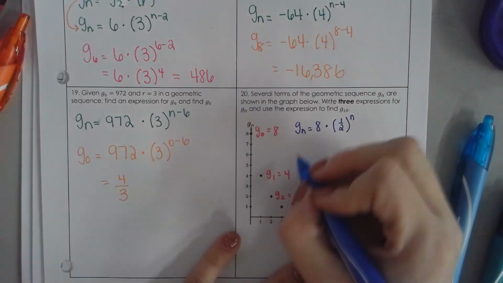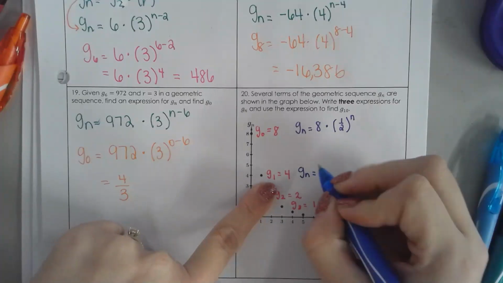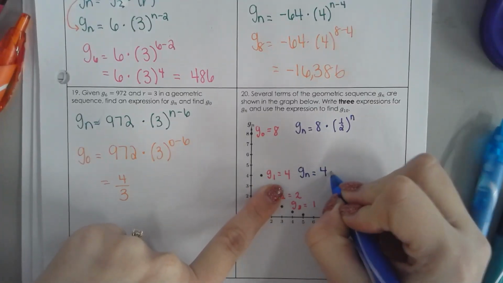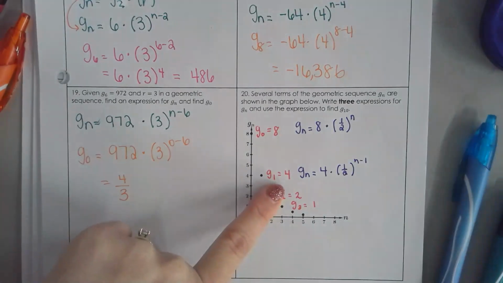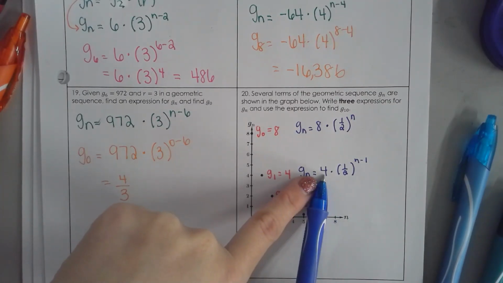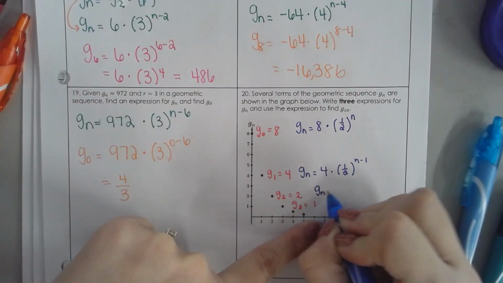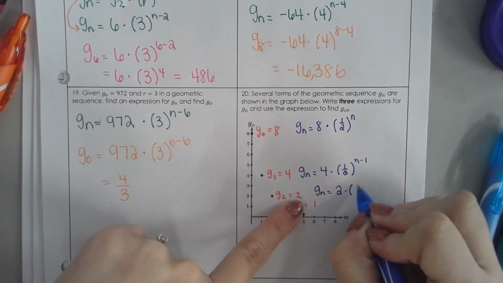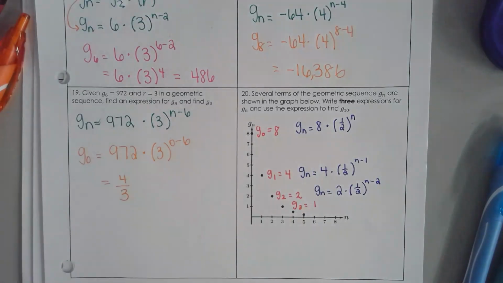And then we could keep going. Gn equals, this one is G1 times 1/2 to the n minus 1. So here I used the first term and I used 1. I'm going to use the second term, which is 2, and I'm going to use n minus 2 because it's the second term.